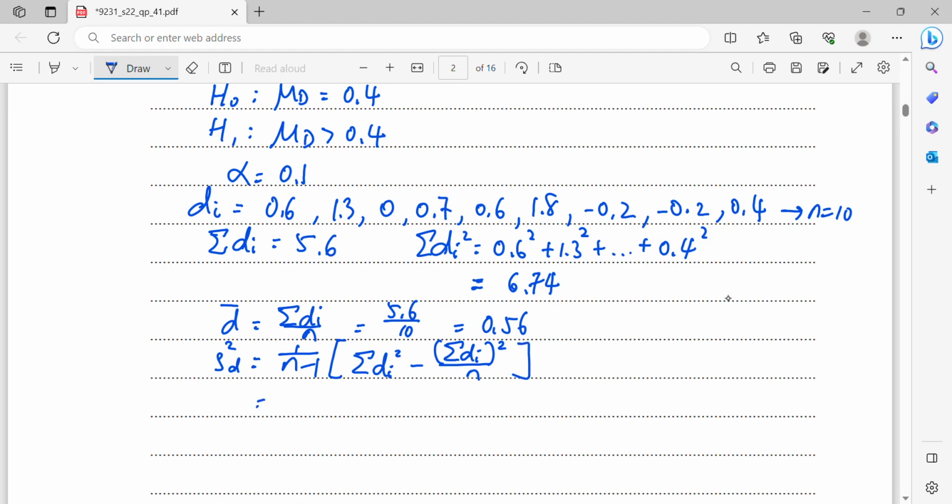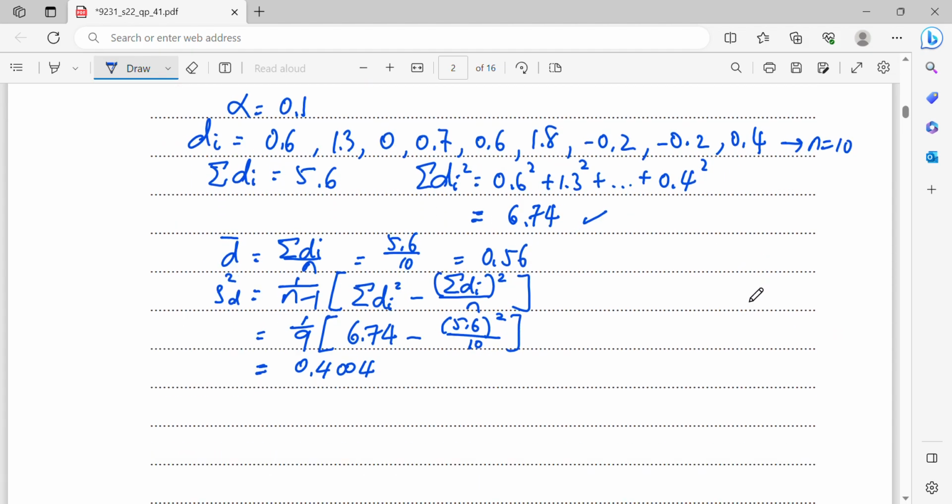So then this will be 1 over 9, summation di squared will be 6.74, then minus square of summation di, so square of 5.6, then over 10. And then the answer will be 0.4004. I will give more significant figures here because this is not the final answer yet.